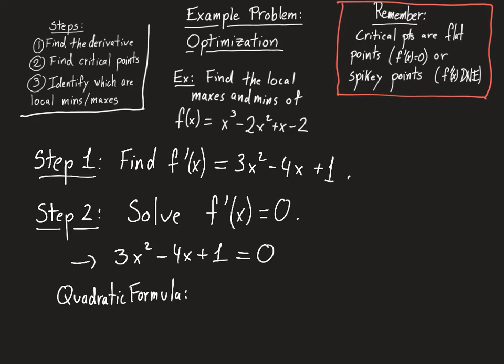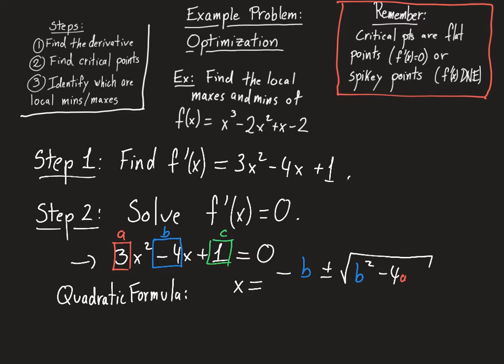Now, the quadratic formula states the following. If we identify each of these coefficients, this first one as a, this second one as b, and this third one as c, then the quadratic formula tells us that our solutions are going to be equal to negative b plus or minus the square root of b squared minus 4ac, all of this divided by 2a.